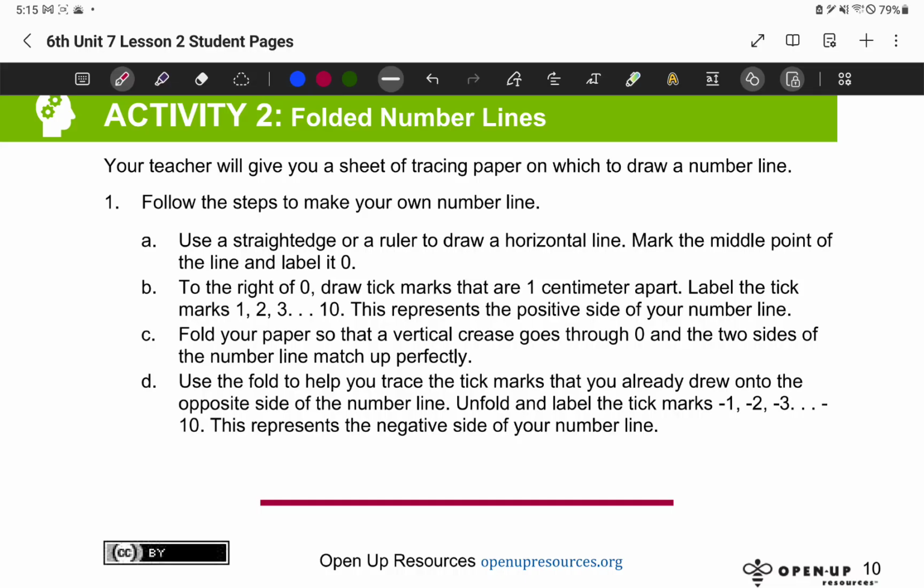Now, you're supposed to be able to draw it so that you're able to mark the middle and label it 0.